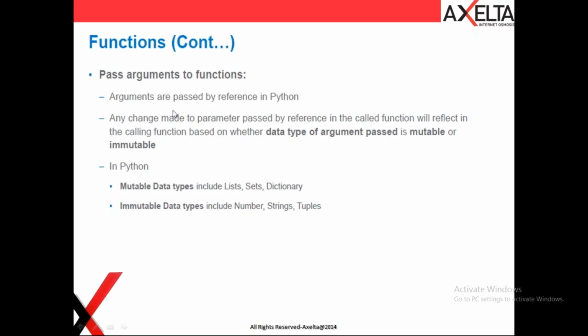See, in call by reference mechanism, what happens? Directly we give the address of the variables. For example, if you take C language, I will show one example.